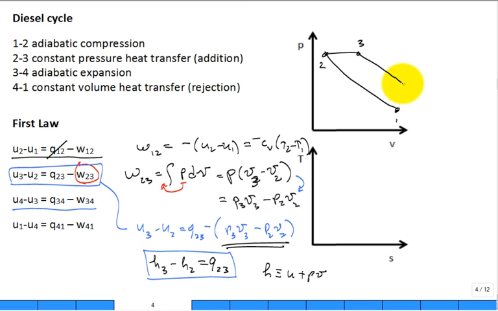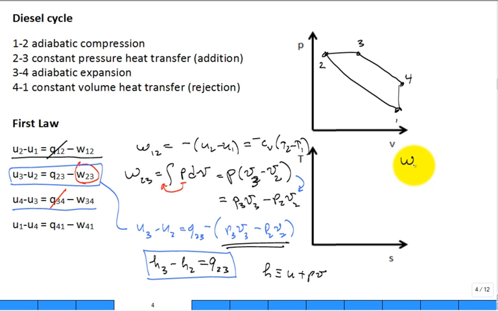All right. What about process 3 to 4? Well, it's just like we did for the Otto cycle. Isn't the Q 3 to 4 equal to 0? Sure. And so the work 3 to 4 is equal to the change in internal energy. So let me expand that a little bit over here.